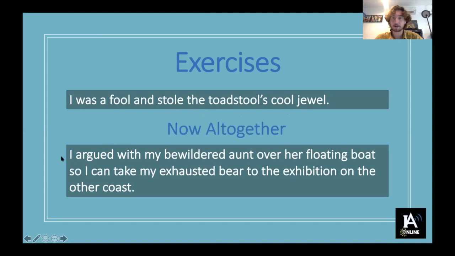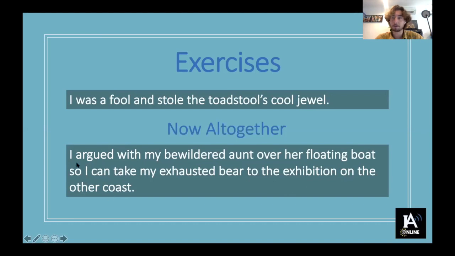Okay, now here is all of the sentences I just said put together into one big sentence. I argued with my bewildered aunt over her floating boat so I can take my exhausted bear to the exhibition on the other coast.